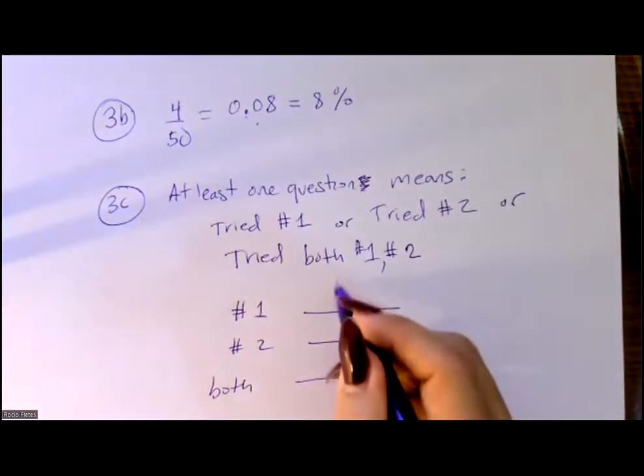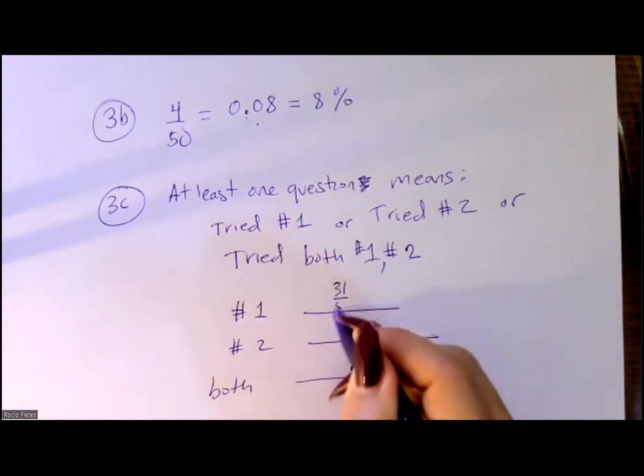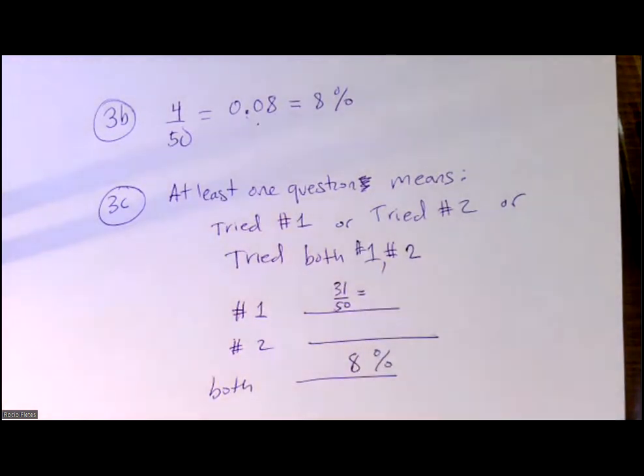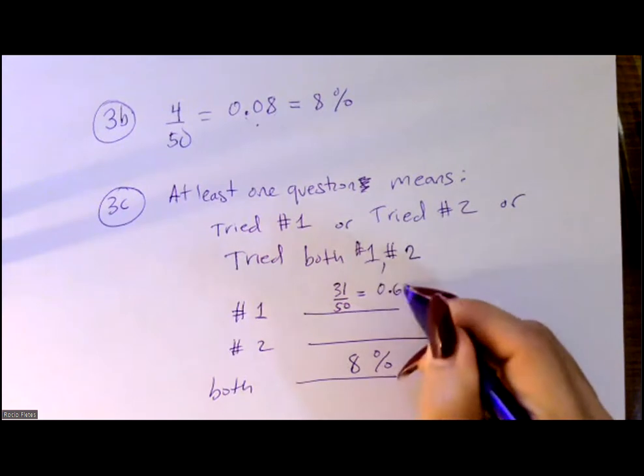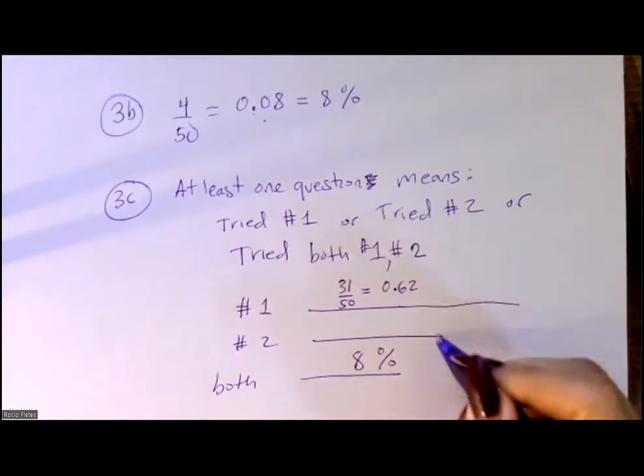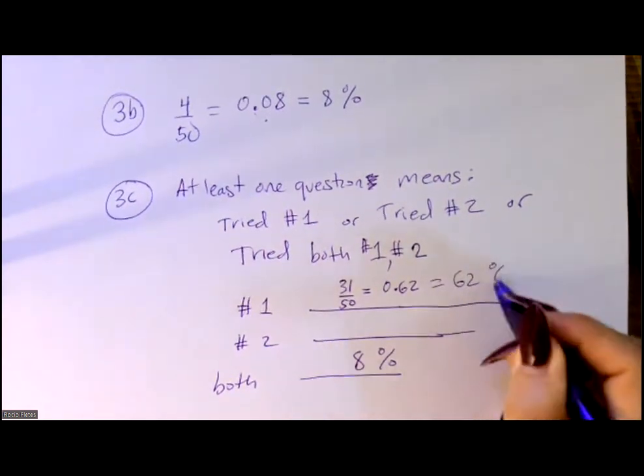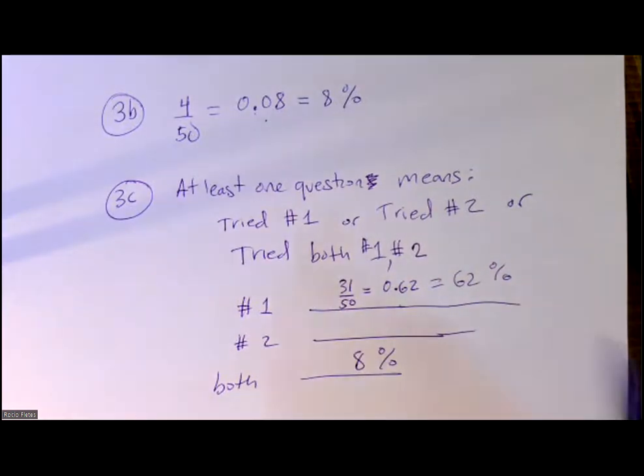31 out of 50 for the first bonus question. So 31 out of 50 gives you 0.62, which when you multiply by 100 is 62%, because you want to write it in percent form, right?